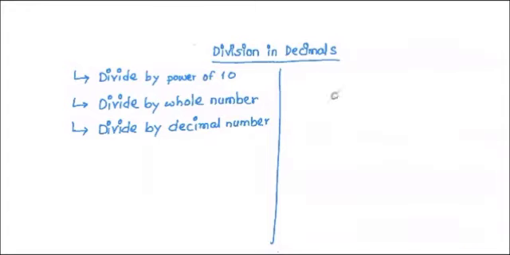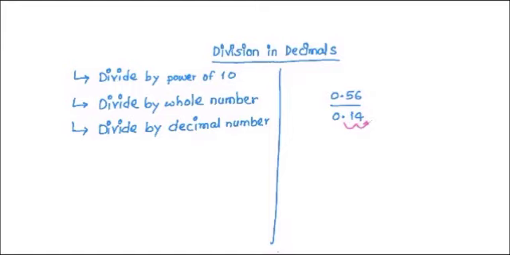Let's take a few more examples so that we understand it better. Let's take 0.56 divided by 0.14. So I'm writing it in the form of a fraction itself for better understanding. Denominator here I have 0.14. The decimal point I need to move 2 places so that I get a whole number.